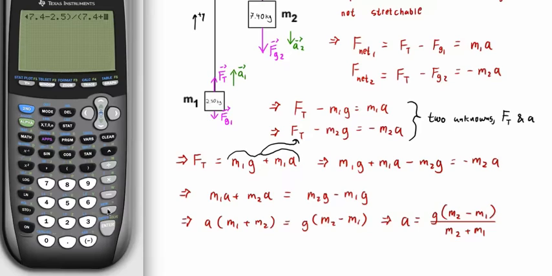Okay, that's good, and hit enter. So 4.85 is our acceleration, in meters per second squared.